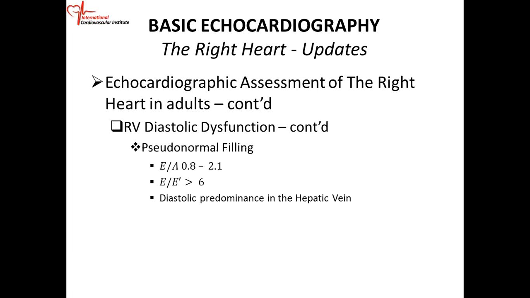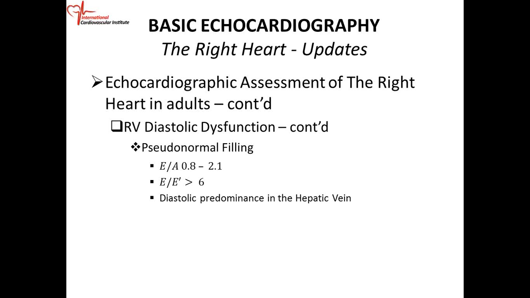Okay? Now, pseudonormal. Remember, our pseudonormal on the left side was our type 2 diastolic dysfunction, right? On the left side, we talk about a type 1 diastolic dysfunction when the E is smaller than the A. Okay, so the E to A ratio is less than 1.